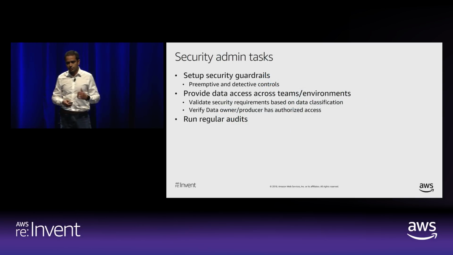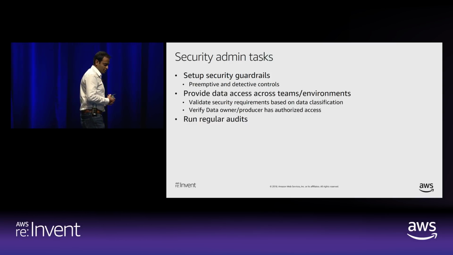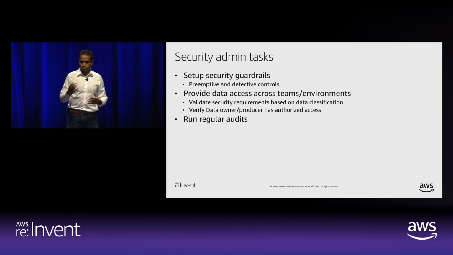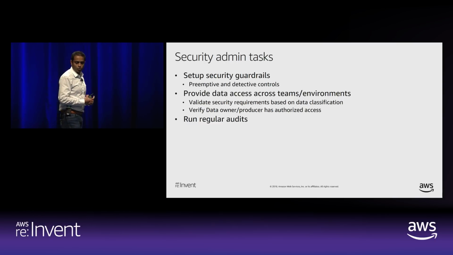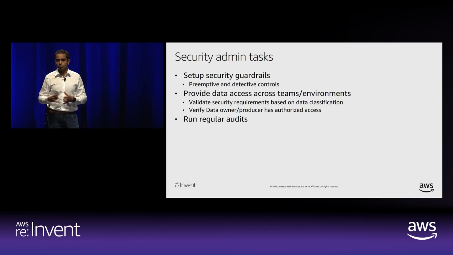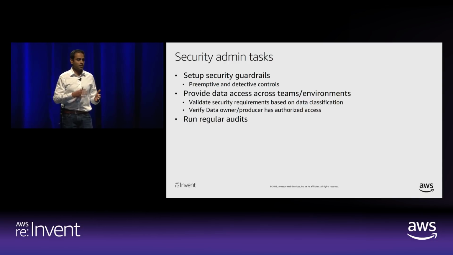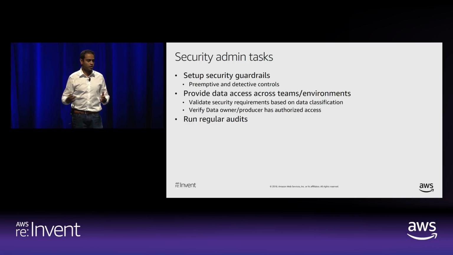Moving on to high-level tasks that might be involved, starting with guardrails. As a security administrator, you are responsible for setting up the security guardrails, which includes things like preemptive and detective controls. We'll talk a little bit about that. Also, you need to understand how access across environments works. Think about dev environment, staging environment, and production environment.